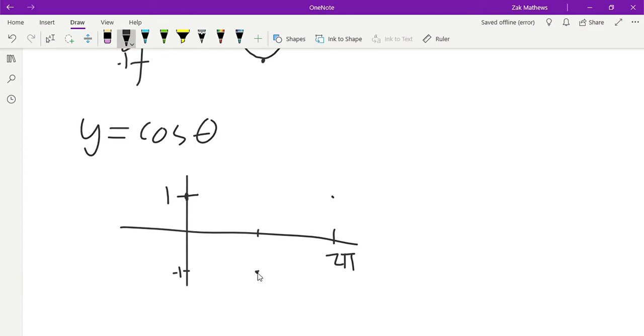And with cosine, at the pi over 2's, we have our zeros, our x-intercepts. So we have our 2 points here and here. And so connecting those, I would have this pattern here.